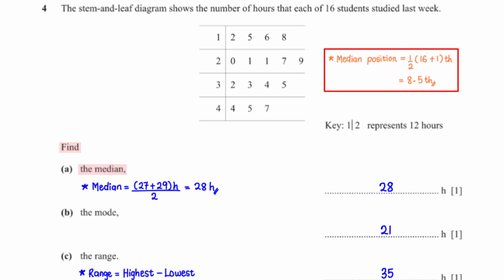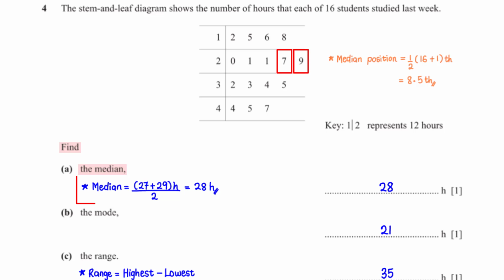This gives us 8.5. This means the median is located between the 8th number, which is 27, and the 9th number, which is 29. And so the median will be 27 plus 29 divided by 2, which is equal to 28.